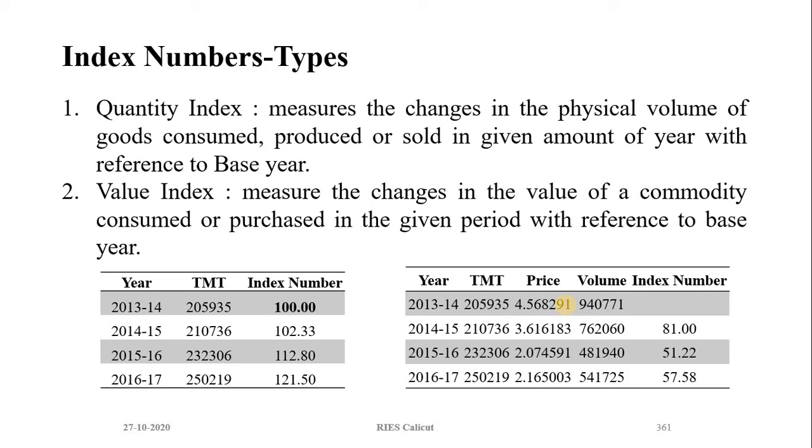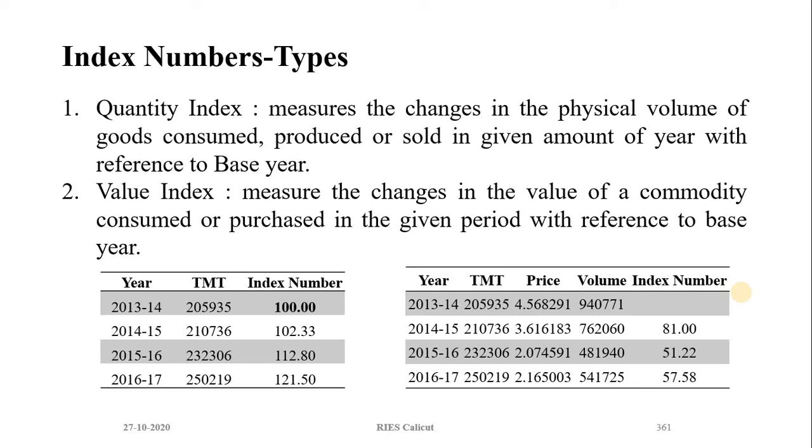This will be 100 minus 81, a 19% decrease. In 2015-16 it is around a 49% decrease in the total value of this petroleum product.